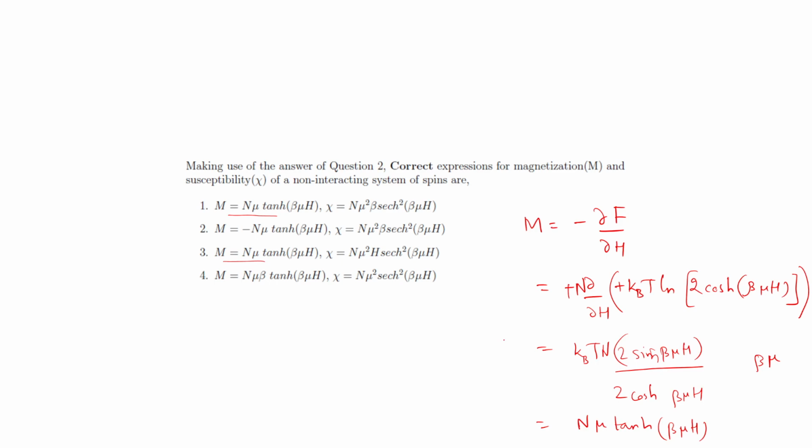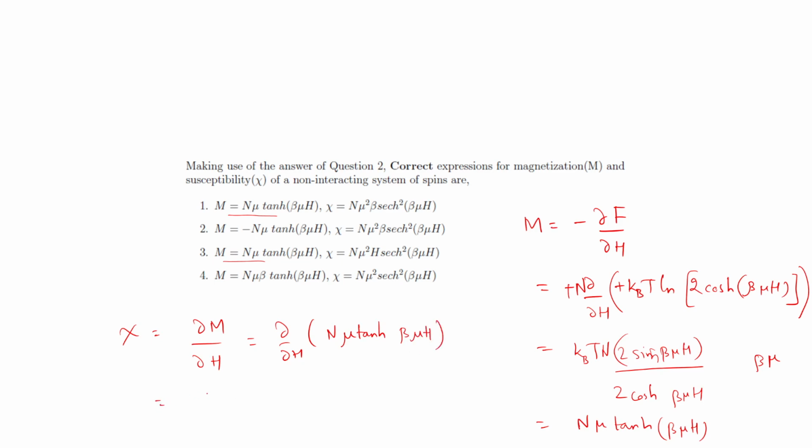So now what we want to find is the susceptibility. The susceptibility is given by the derivative of M with respect to H, so magnetization with respect to the field. So it is just dou by dou h of the expression we just derived, N mu tanh(beta mu h).